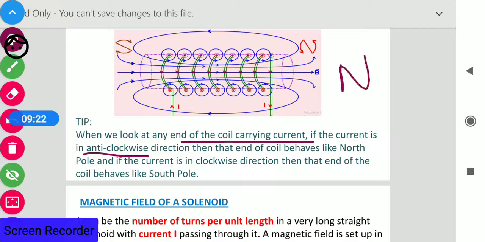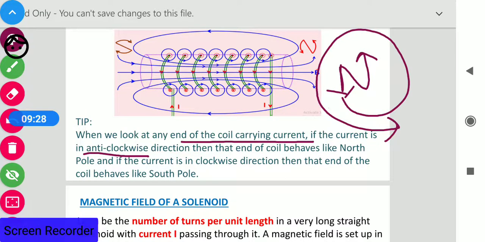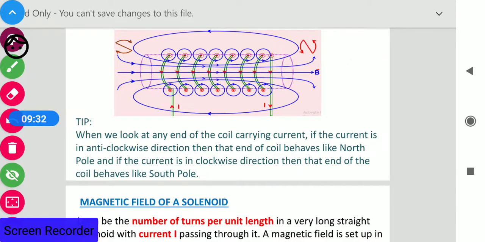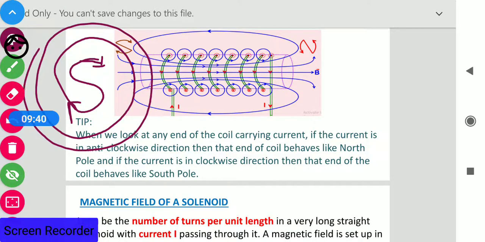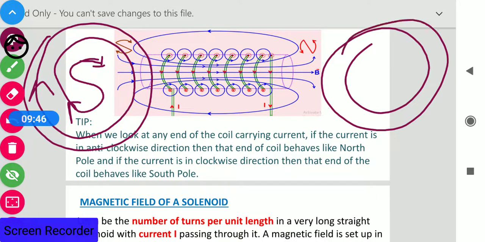Now from this north, if you make the arrows, this is anti-clockwise. So anti-clockwise means north, and here at the south, if you go like this, then this is the clockwise direction. So clockwise direction means always south, and anti-clockwise direction means north.